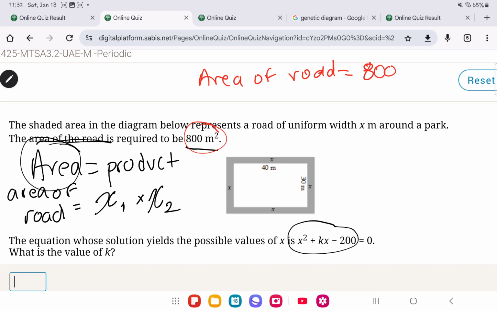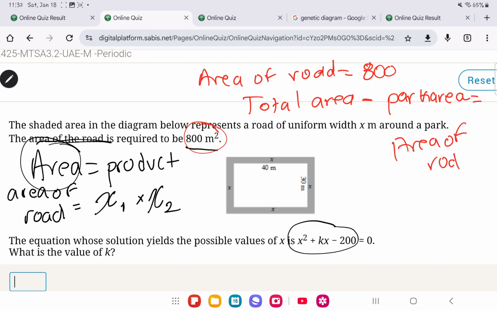but we also know something else, that the total area minus the park area is then gonna give us the area of the road. So we are first gonna find the total area, and subtract the park area from it to make it equal to the area of the road, and we will get our equation.